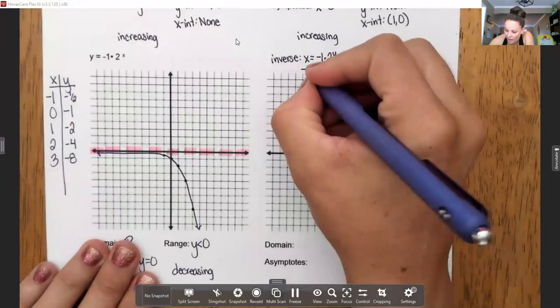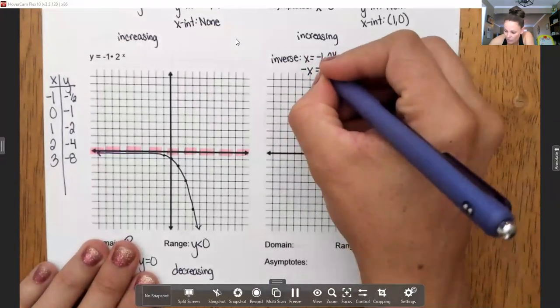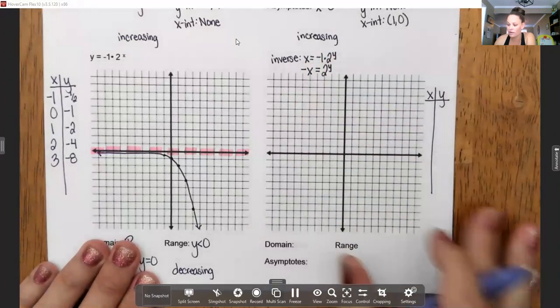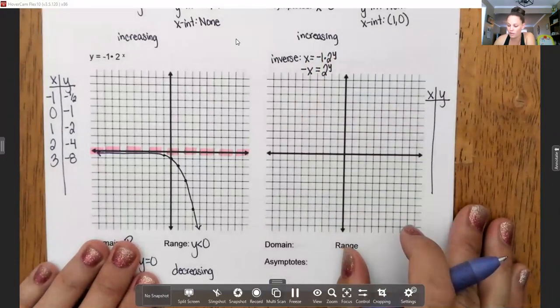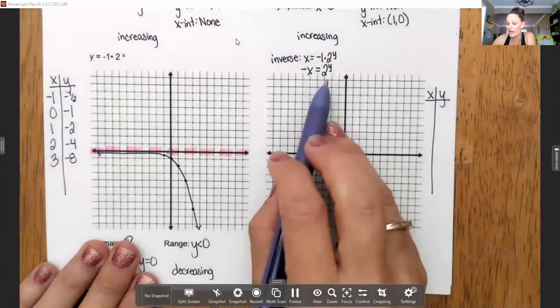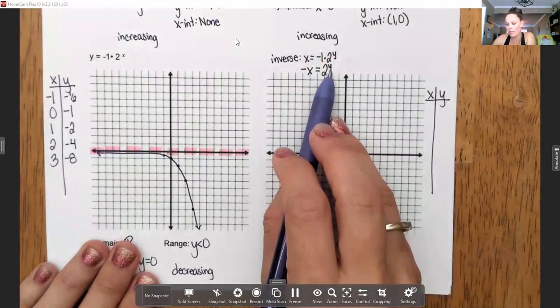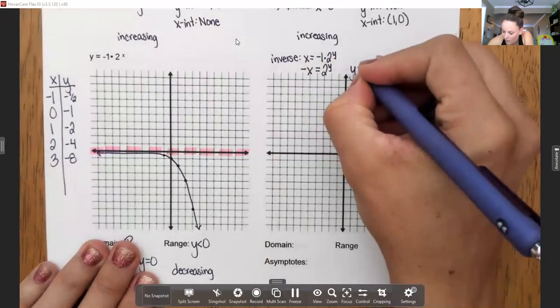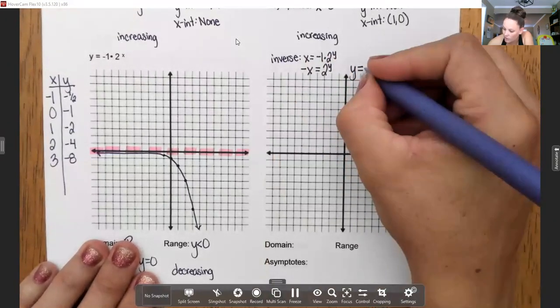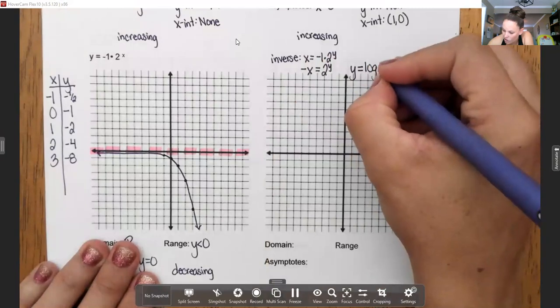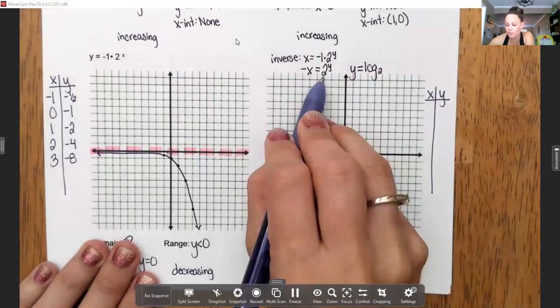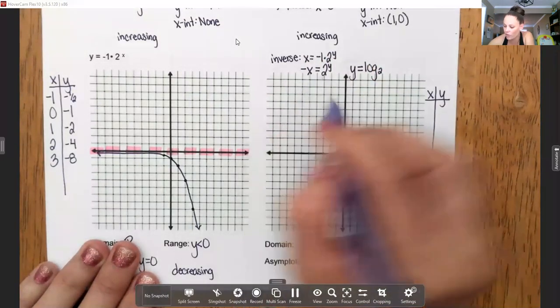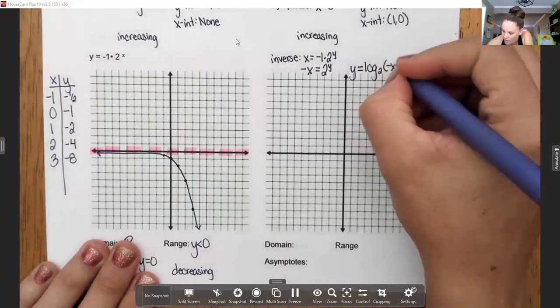So that's equivalent to -x equals 2 to the y. Which now if I write it in log form, remember the exponent, that's what's by itself. So this is equivalent to y equals log base 2 of -x, because the 2 is the base of the exponent.